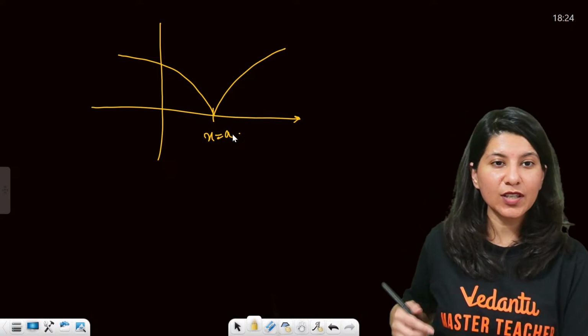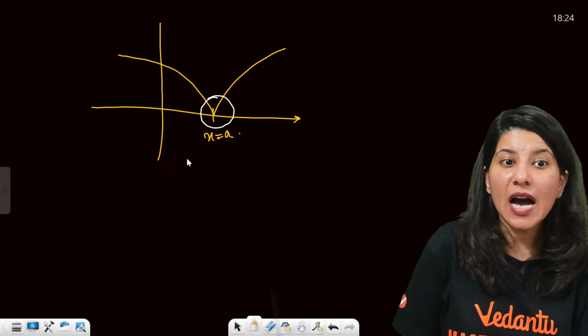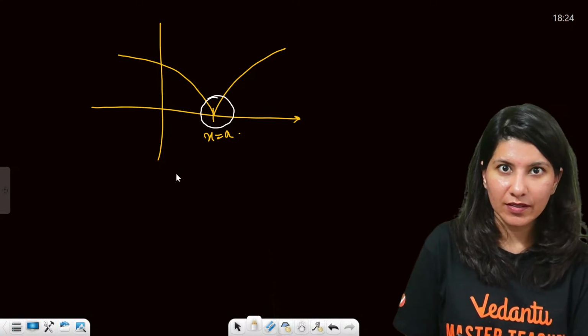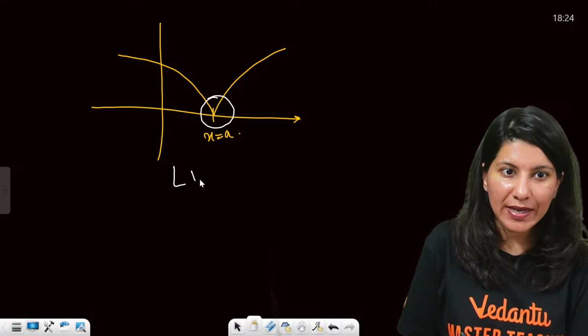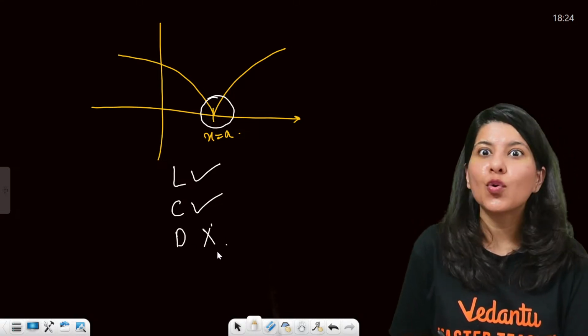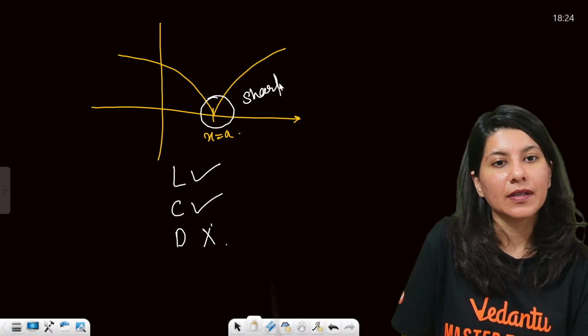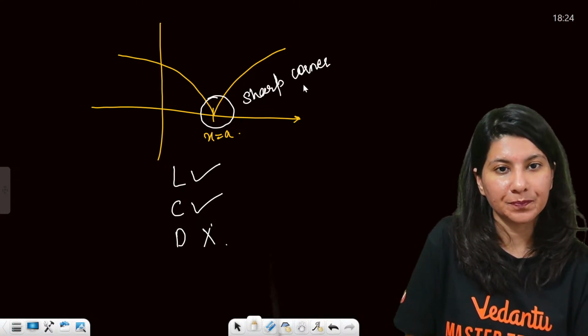So again, can you see that only a sharp corner is observed? There is no break in this graph. So the limit will exist. The function is continuous, but it is not differentiable, because there is a sharp corner over here. Are you getting my point?